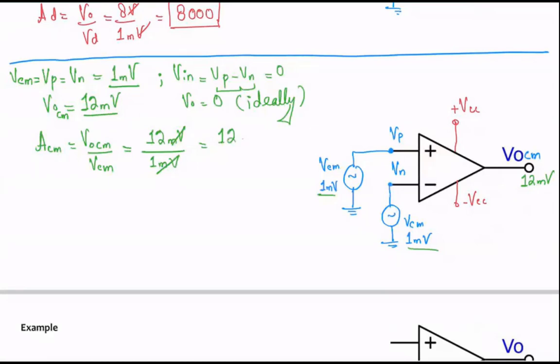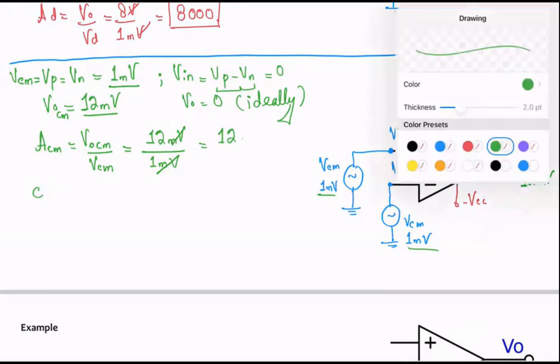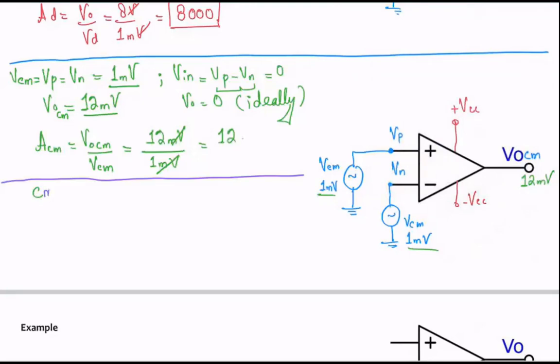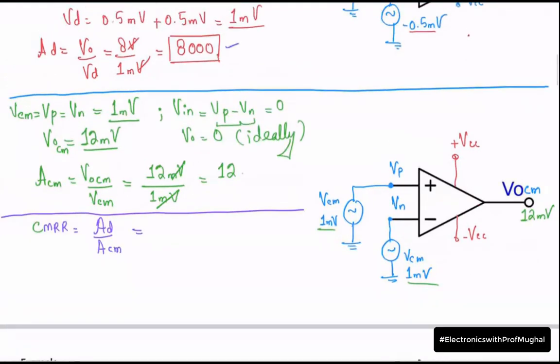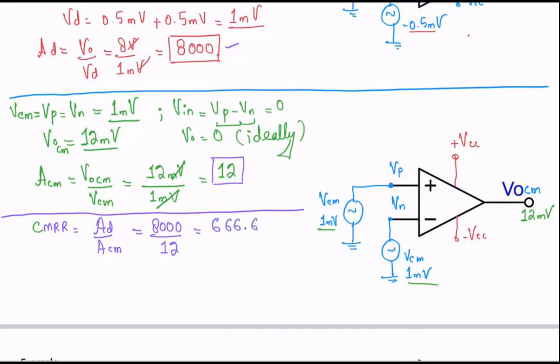Now I have to find the common mode rejection ratio, and we know it is the ratio of differential gain Ad over common mode gain. Differential gain was 8,000. ACM was 12. If I do the math, I basically get 666.67.